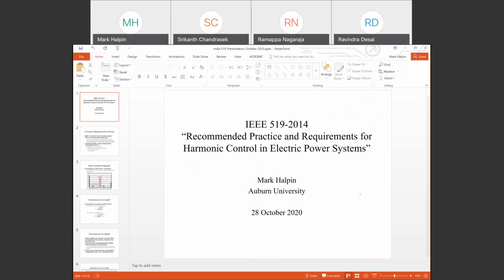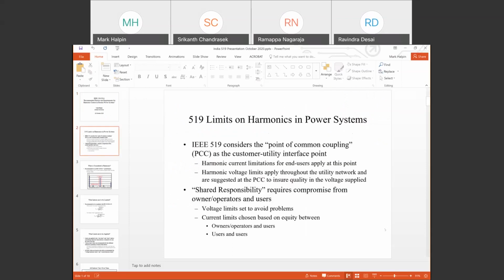Exactly. So with that, let's give the overview of 519. First of all, it is critically important to recognize that 519 is designed to be applied at the so-called point of common coupling. Now, the point of common coupling is normally taken as the interface point between the customer and the utility.